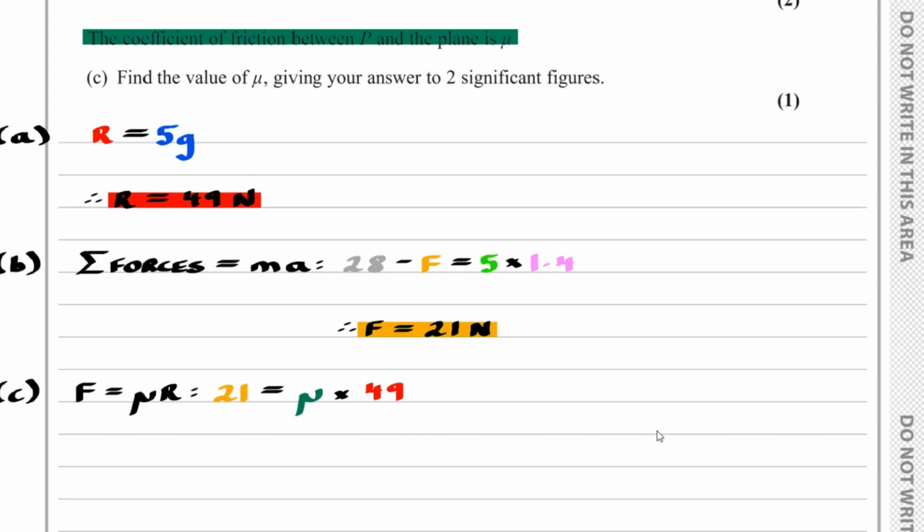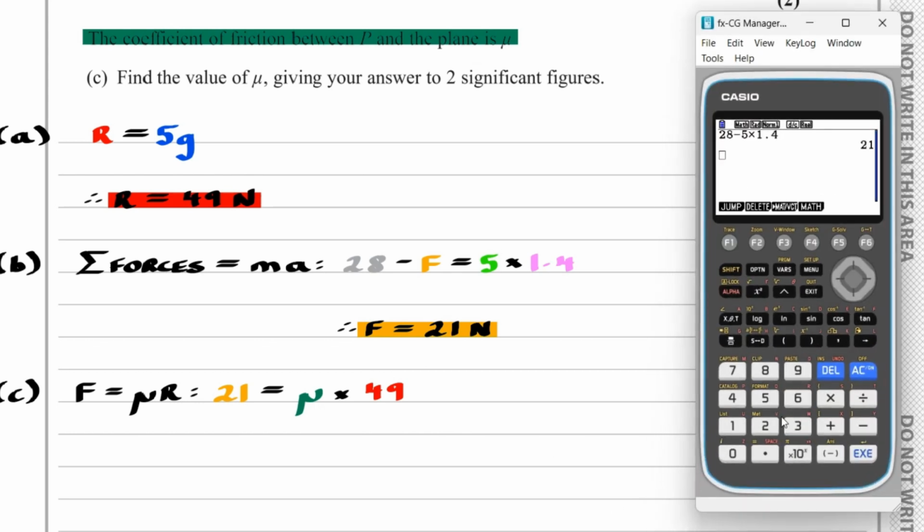So therefore, to find out what mu is, we would have to do 21 divided by 49, which to two significant figures is 0.43.